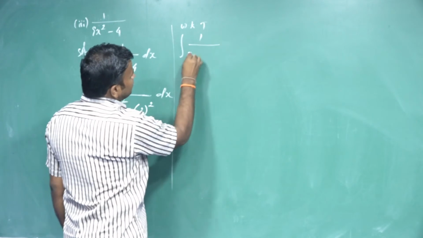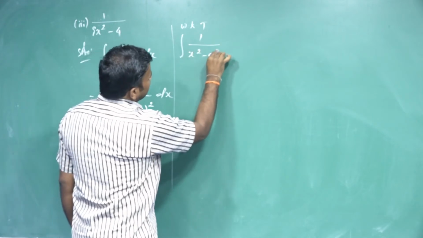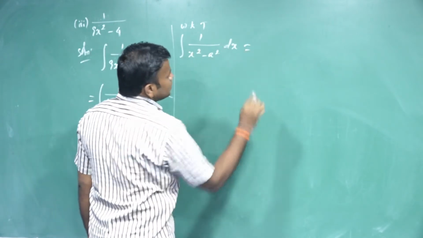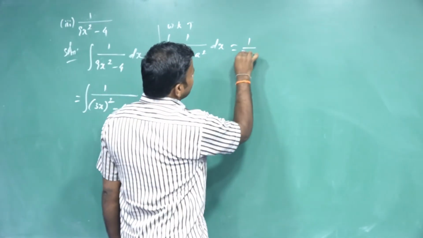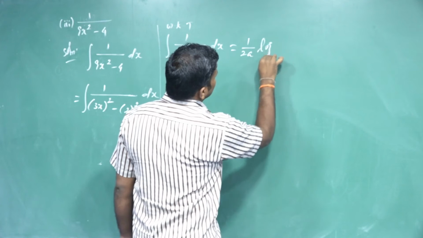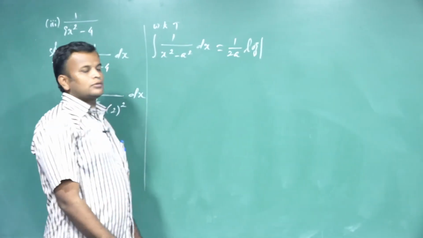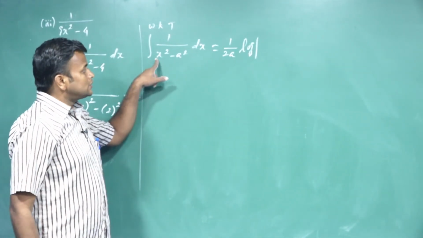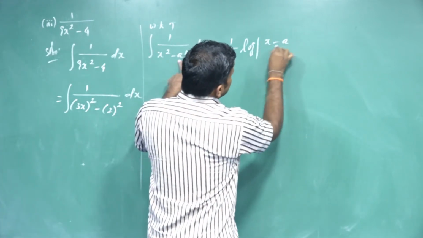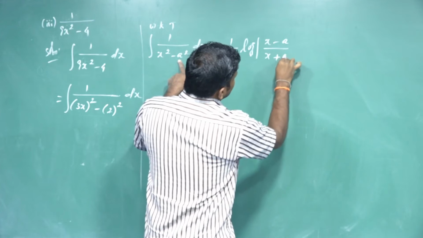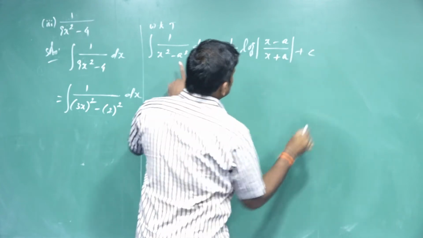Integrating 1 divided by (x square minus a square) dx, the formula is 1 divided by 2a log modulus, the numerator is x minus a and the denominator is x plus a, plus c.